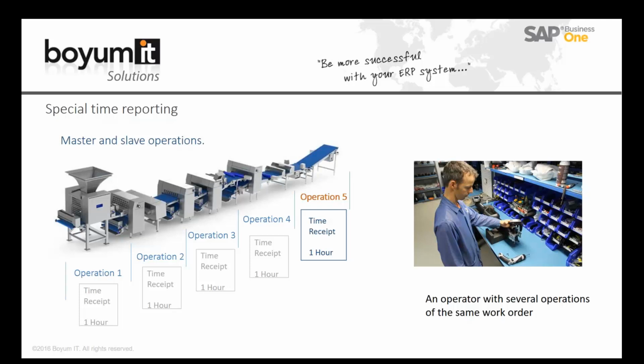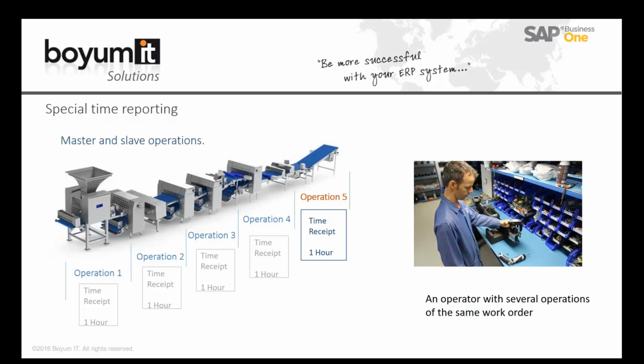We have several options to distribute this cost, this time. One option is that we can report, for example, 1 hour, and we can say same time for all of the operations, all of them. So at the moment that you report a time receipt of 1 hour, the system is going to replicate this time receipt to the rest of the operations, or any operation which is a slave of this operation. 1 hour, all of them.